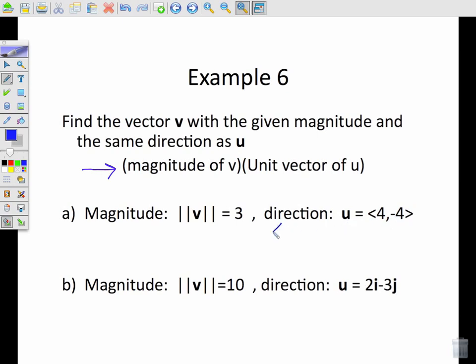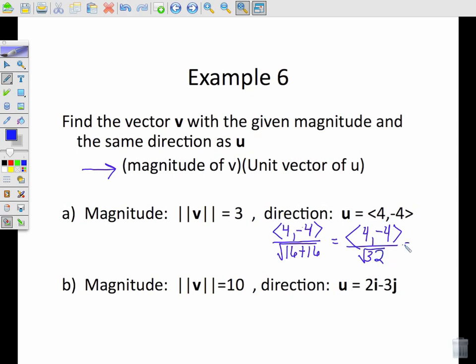So the unit vector would be 4, negative 4 divided by the square root of 4 squared plus negative 4 squared, so that's 16 plus 16. So this is 4, negative 4 over the square root of 32.